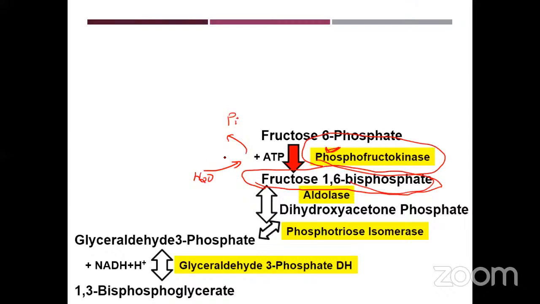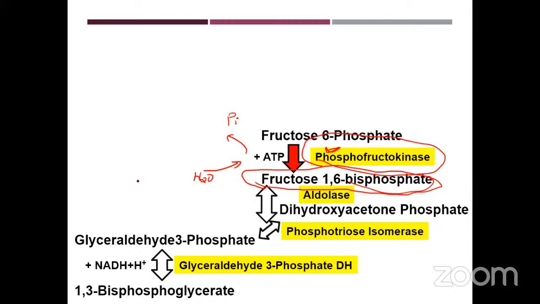Removal of phosphate with the help of phosphatase. The enzyme that adds phosphate using ATP is called kinase, but removal of phosphate by adding water, that enzyme is called phosphatase. We discussed the phosphatase in the 2,3-BPG shunt pathway.